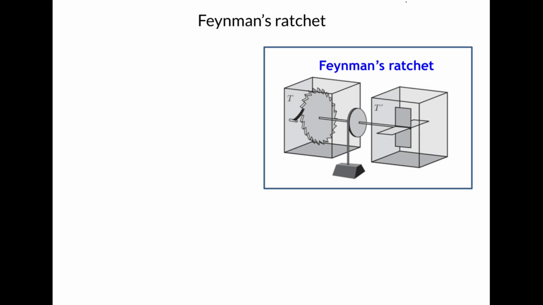Now gas molecules will bump onto these pedals, eventually bringing it into some motion. Now, because the pedal is connected to this one-way gear, it's only allowed to move in one direction and not in the others.